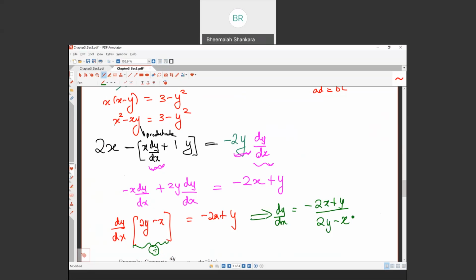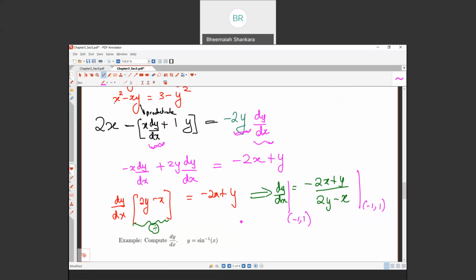But you're asked to evaluate the expression at negative 1, 1. So plug in on both sides. So x value is negative 1 and y value is 1.